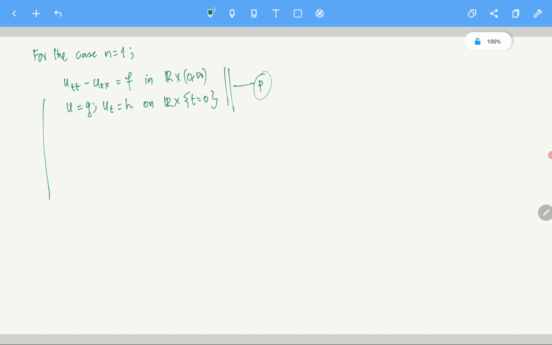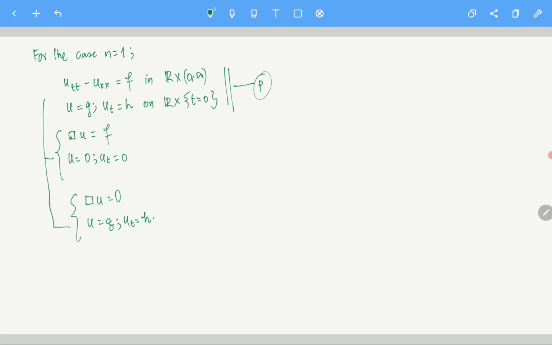One part is D'Alembertian of u equals f, with u equals 0 and u_t equals 0. The second part is D'Alembertian of u equals 0, with u equals g and u_t equals h. Clear? I can do this.